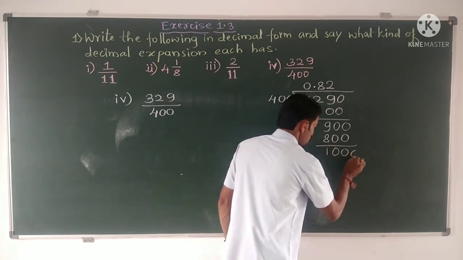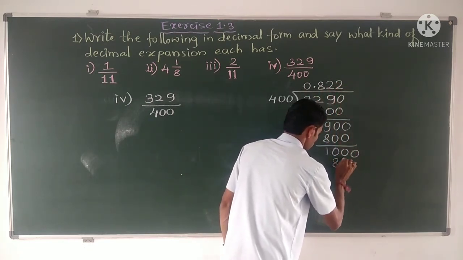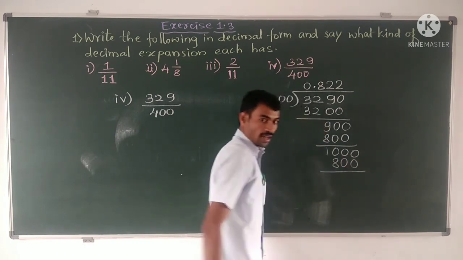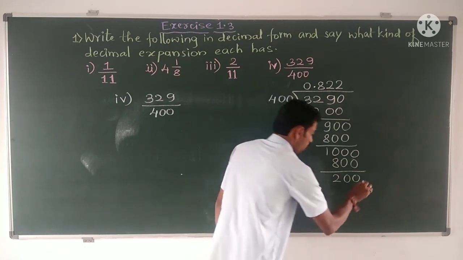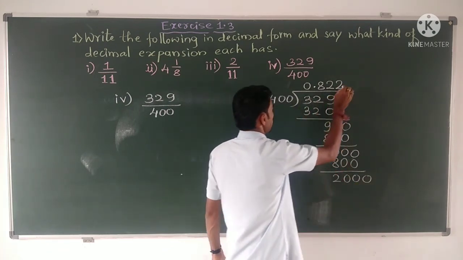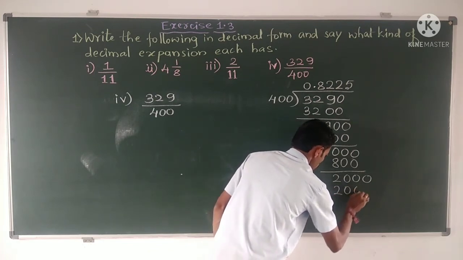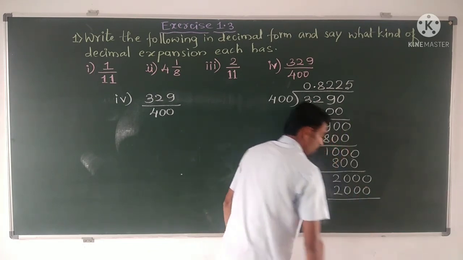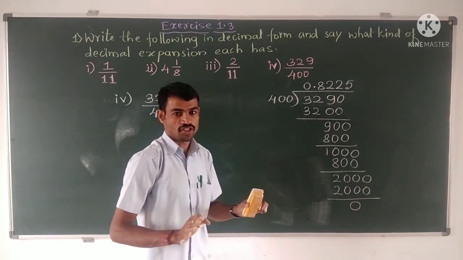Again take 0. 400 2s are 800. So what will remain here? 200. Now take one more 0. 400 5s are 2000. Here we obtain remainder 0.